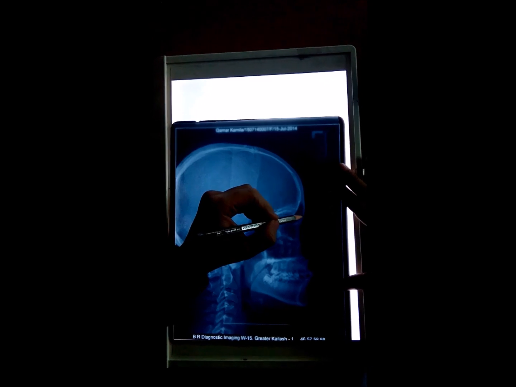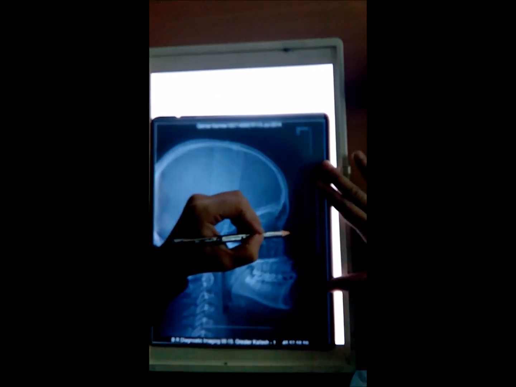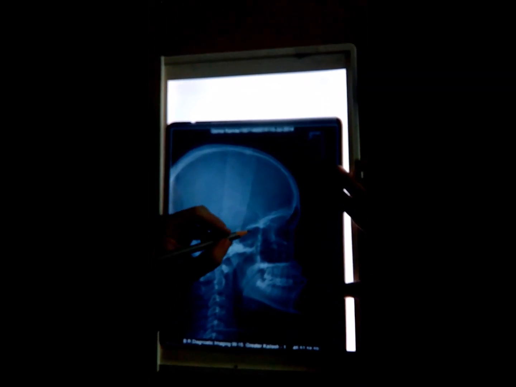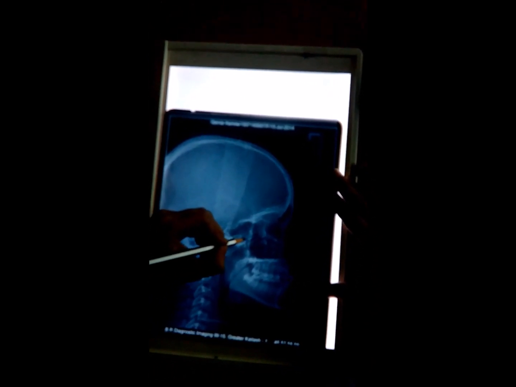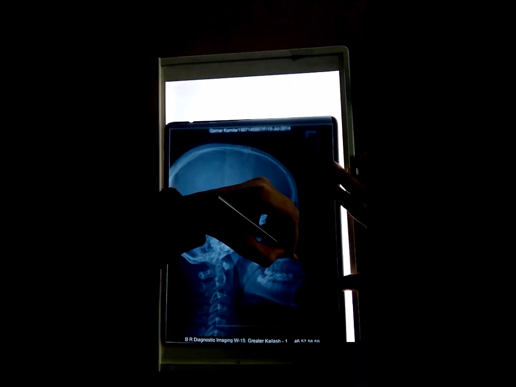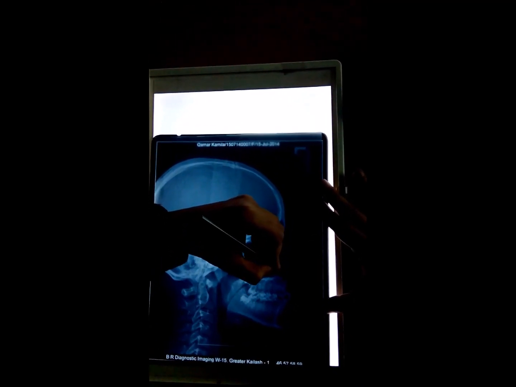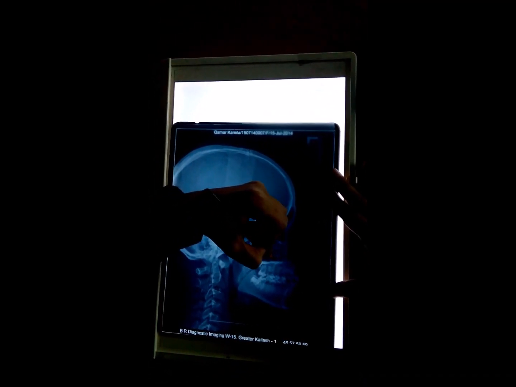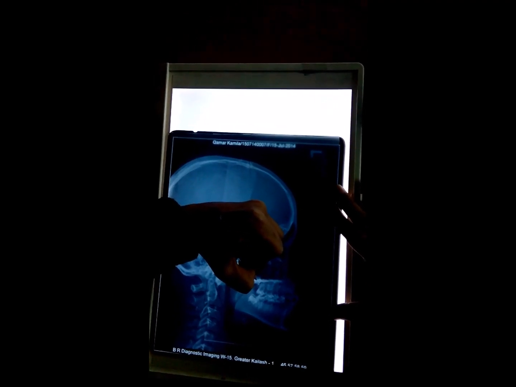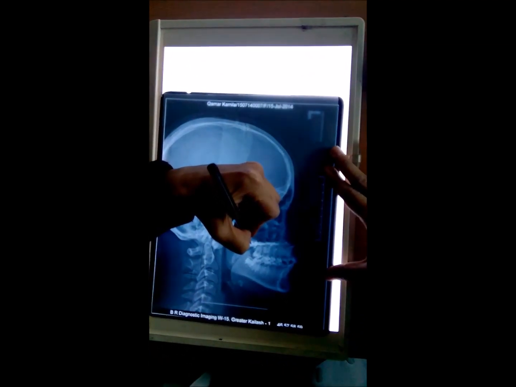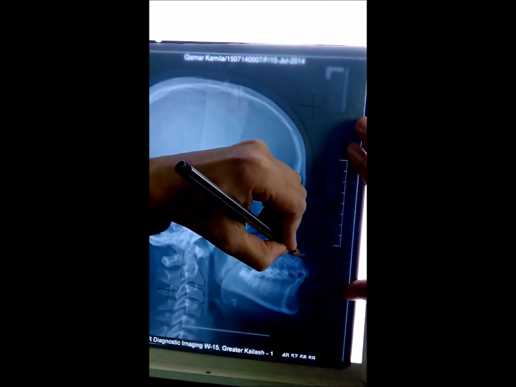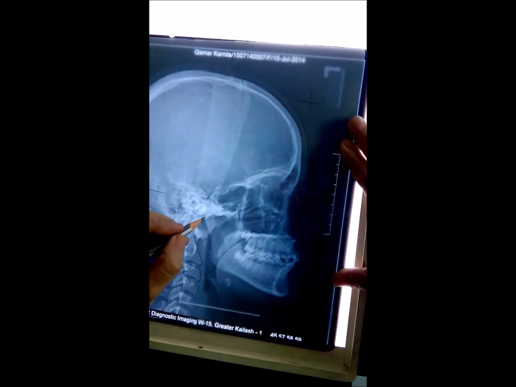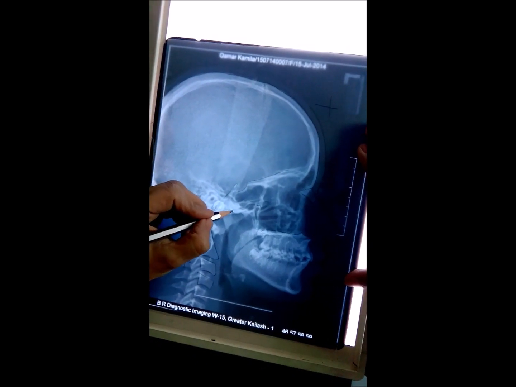We will locate the landmarks later on. You can see the outline. Then the pterygomaxillary fissure, the maxilla, the palatal plane, and then the mandible.